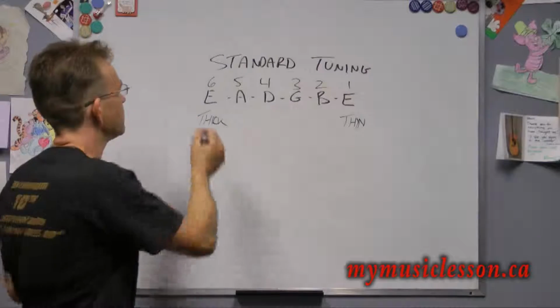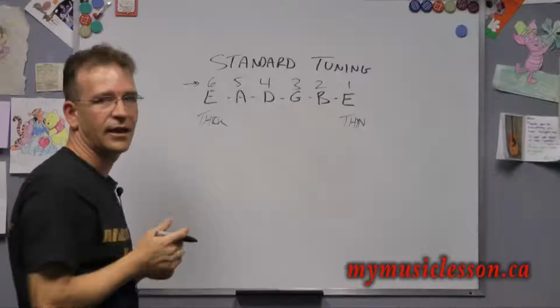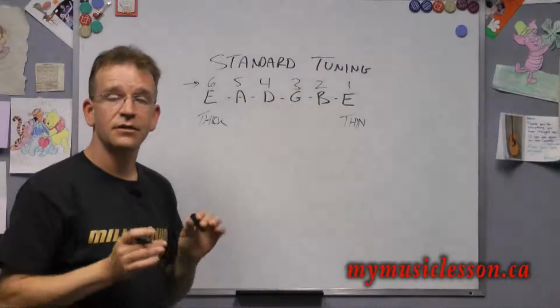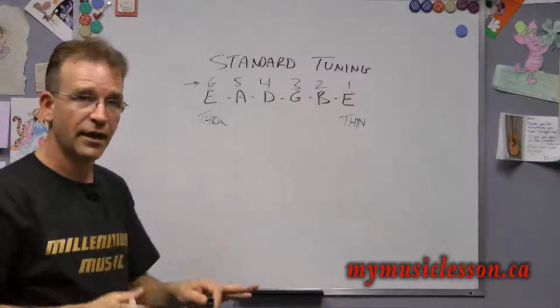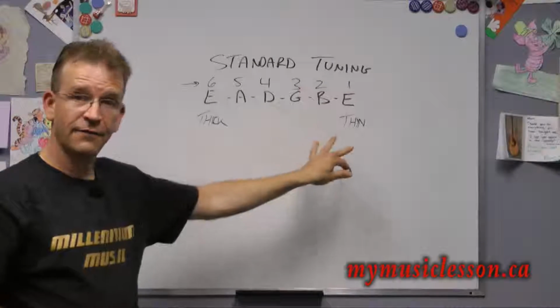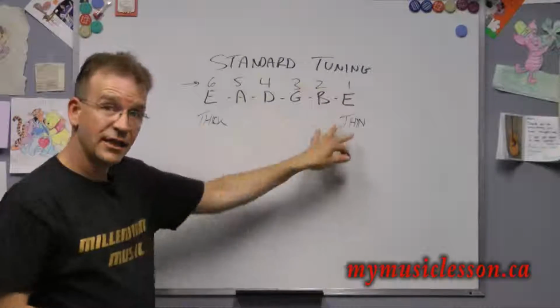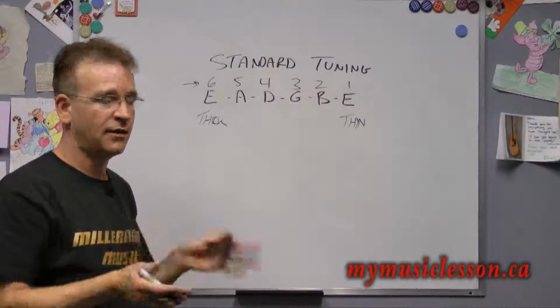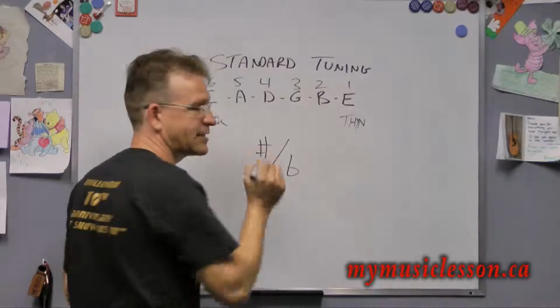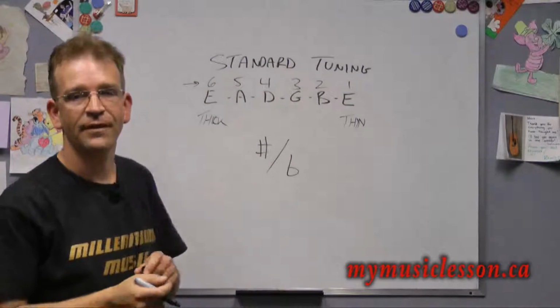Some guitar tuners refer to them by their number, okay? And others refer to them by their letter name. But a guitar tuner is meant to, or designed to, strictly recognize the standard notes on the guitar. Notice you won't find an F in this grouping, you won't find a C in this grouping, and you won't find any of those silly sharps or flats, as we call them, in that grouping, okay?